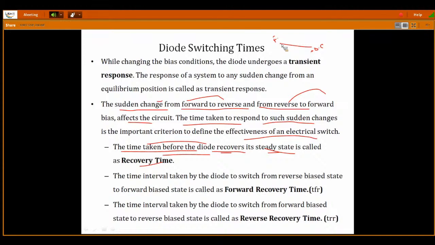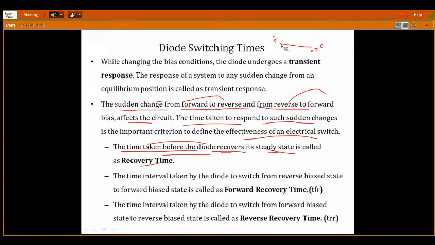See, initially the diode is in sleep mode. Sleep mode is nothing but your open circuit mode. You activate the diode by driving it into forward bias. Now it is in forward bias. How much time will it take to come from forward bias back to the zero, initial state? That is the recovery time.